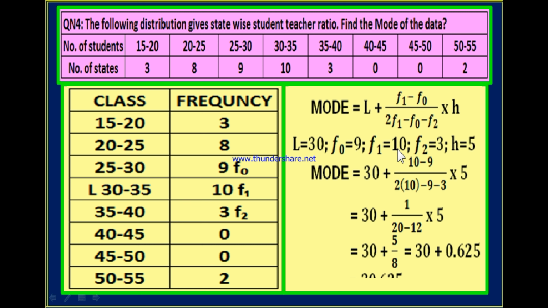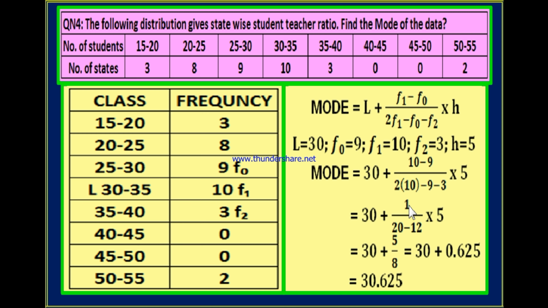So you substitute these values in the formula for mode. Mode is equal to L value 30 plus (F1 minus F0, that is 10 minus 9) divided by (2F1, that is 2 into 10 minus F0, 9, minus F2, 3) into H is 5. 30 plus 10 minus 9 is 1, divided by 2 tens 20 minus 3 minus 9, 12, into 5.